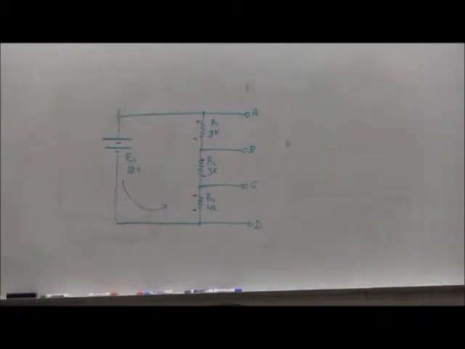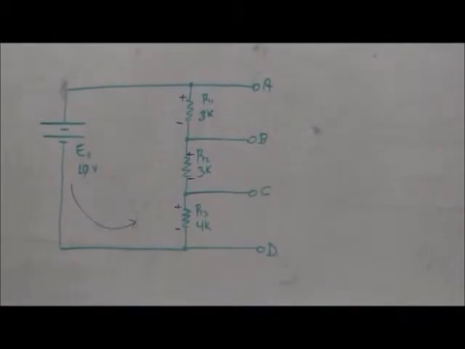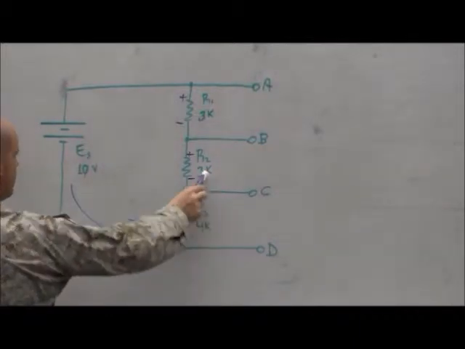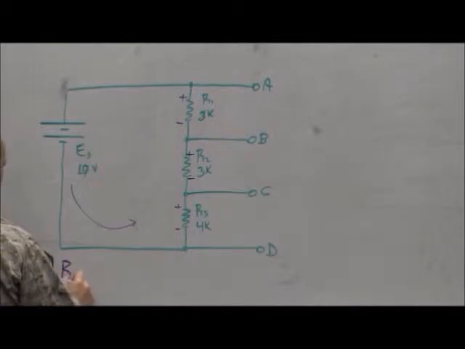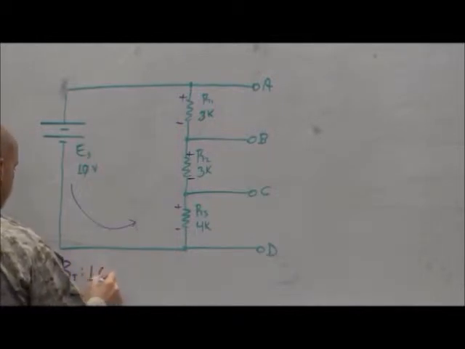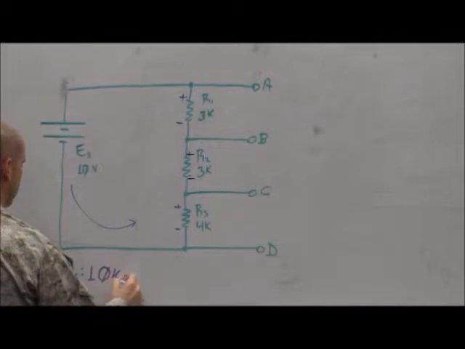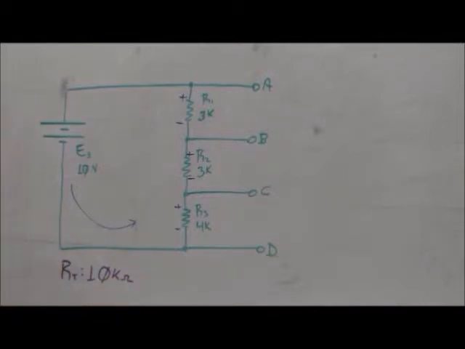Now, what do we know about resistance in series? It's additive, so we can find the total resistance? We'll take 4K plus 3K plus 3K equals 10K. Can we find the total current?